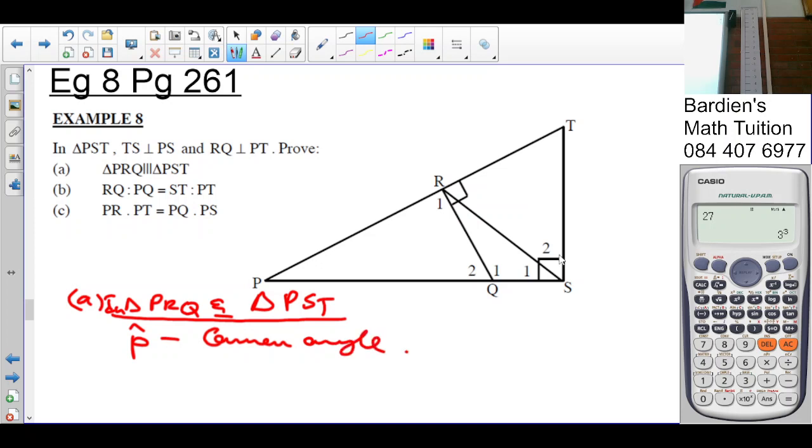Angle P is in both triangles. What else can we say? What else can we say, people?